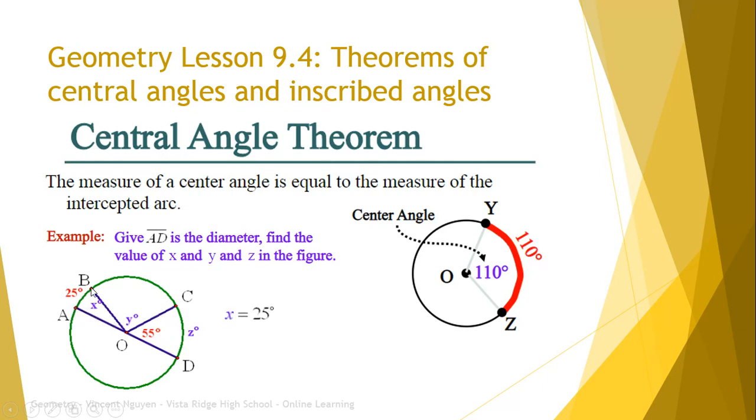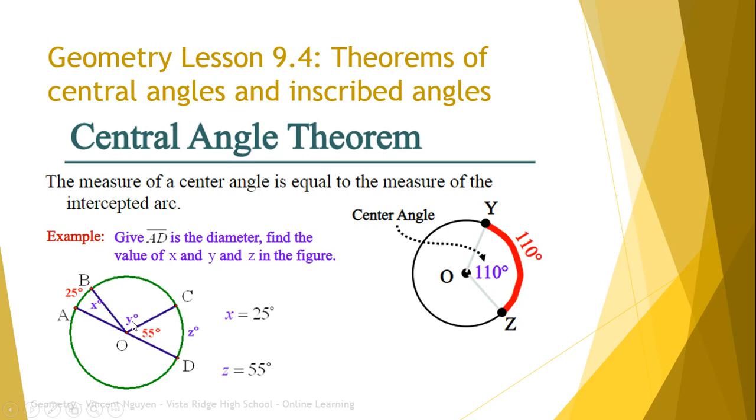We use the same reasoning for arc CD and central angle COD. COD is 55 degrees, so right opposite of that is arc CD, which is the value for z, so that should also be 55 degrees.